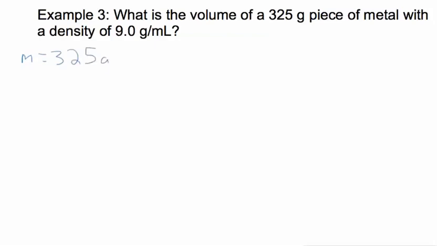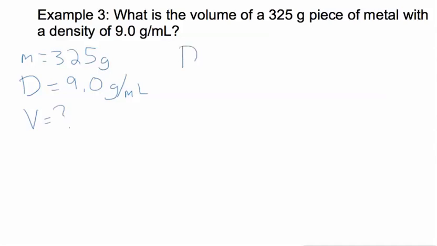Make sure you're actually reading the question, not just skimming it, because it could say volume of, and if you're not paying attention, that's just saying the volume of a piece of metal that is 325 grams, you might think that that 325 is a volume. Make sure you know what units go with what measurement. Density is 9.0 grams per milliliter, and we're solving for volume.